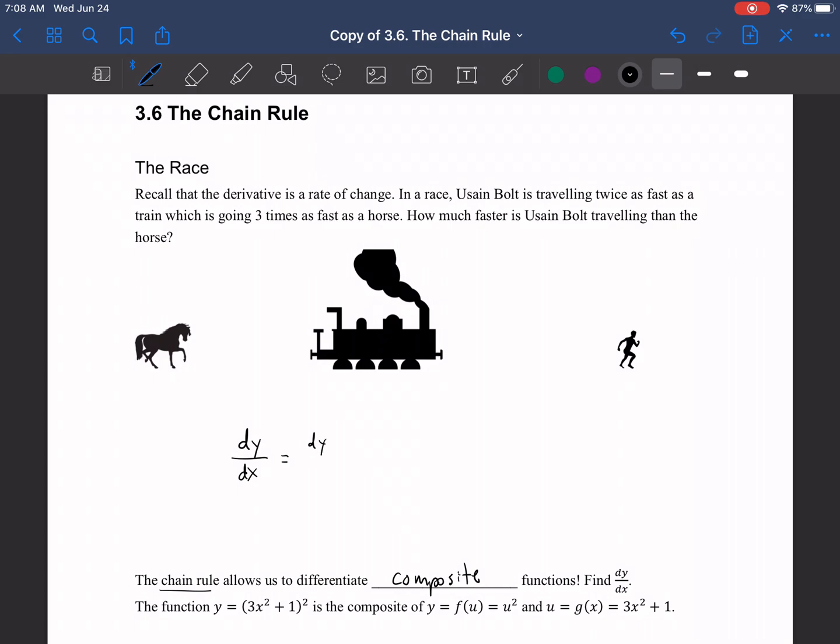I can make this dy over something times that same thing over dx, and we'll make it a du, okay? And so we're introducing a new variable u here.